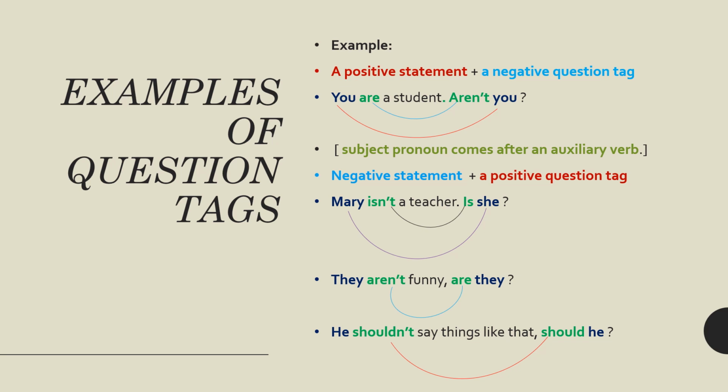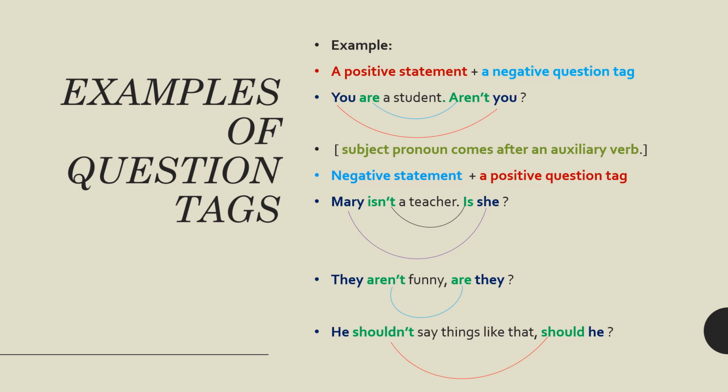Second example. A negative statement gives a positive question tag. "Mary isn't a teacher, is she?" Here "isn't" indicates a negative statement and it gives a positive question tag, "is she." The other example: "They aren't funny, are they?"